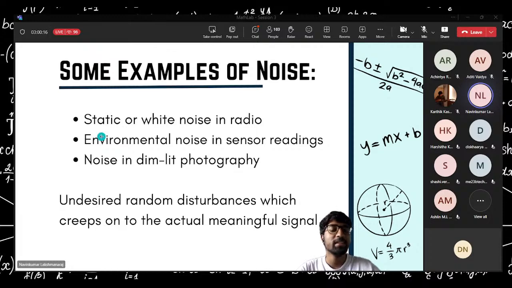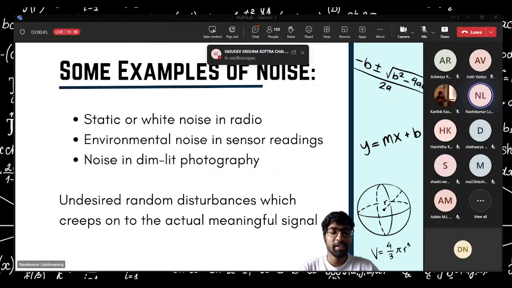And let's say if some of you guys are electronics enthusiasts, then let's say you have built some ultrasonic sensor or something, you would always see that there are always some fluctuations in the readings, even though there's nothing actually in front of the sensor. So that is also a kind of noise that seeps into electrical signals. And one more kind of noise that you guys would have probably seen is there would be some sort of grains in the photograph that you take with your phone if you are in a dimly lit room.